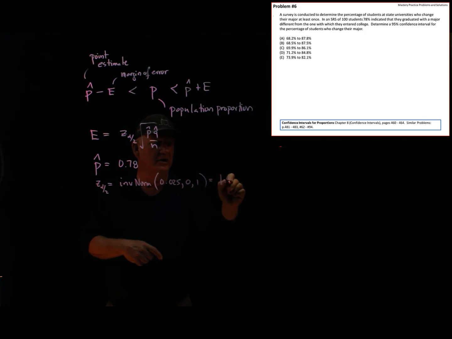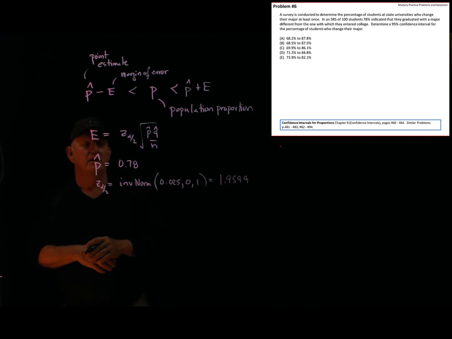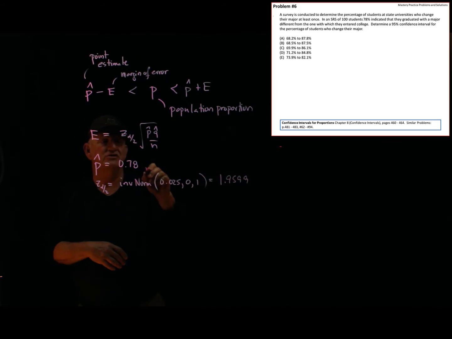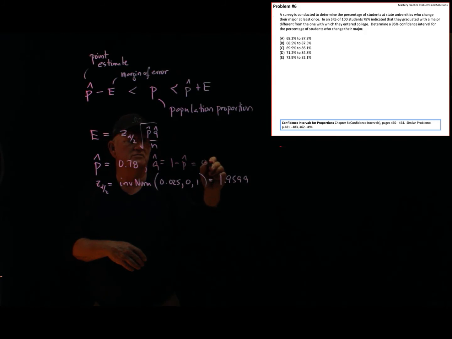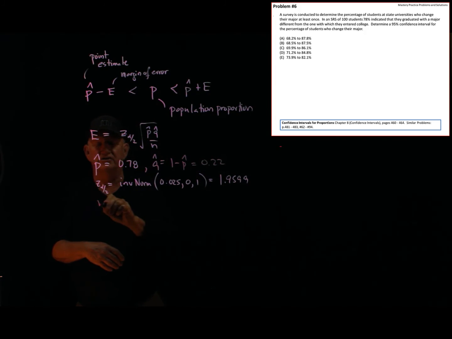We calculated that before in the second problem. It's 1.9599. And Q hat is equal to 1 minus P hat, in this case 0.22, and n is equal to 100.